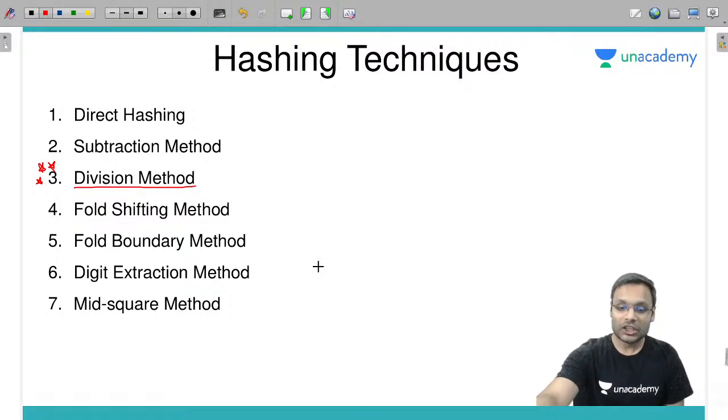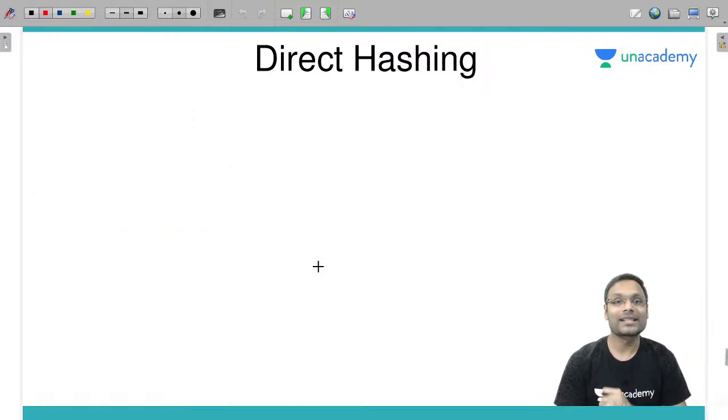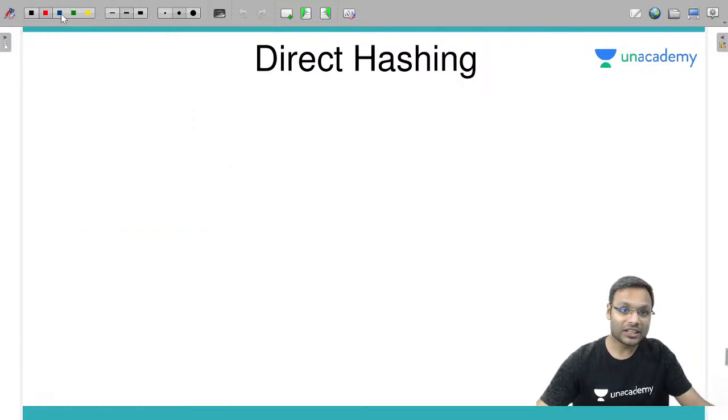Why? Because I am going to explain some topics, and based on those topics you will have to explain to me whether the answer should be this or that. First one is direct hashing. Direct hashing says that h of k is nothing but k.